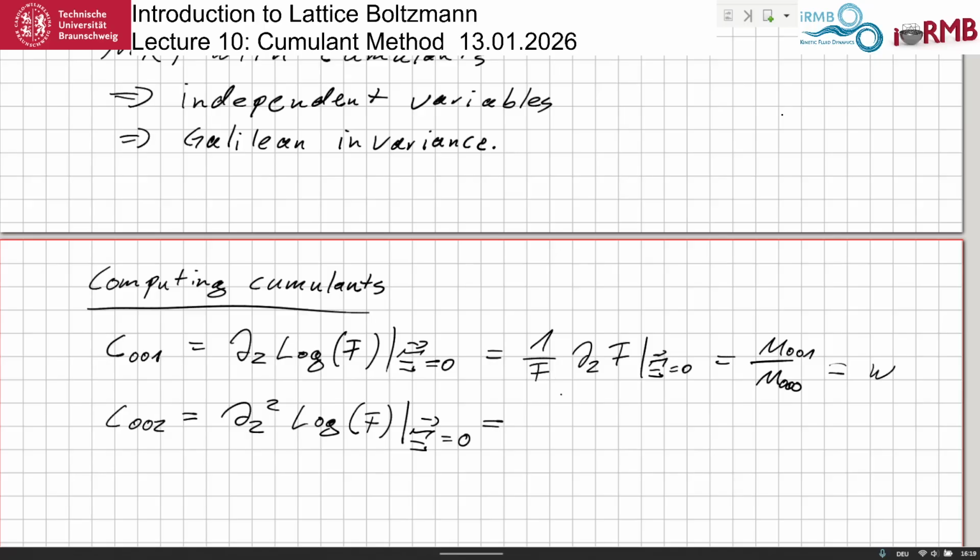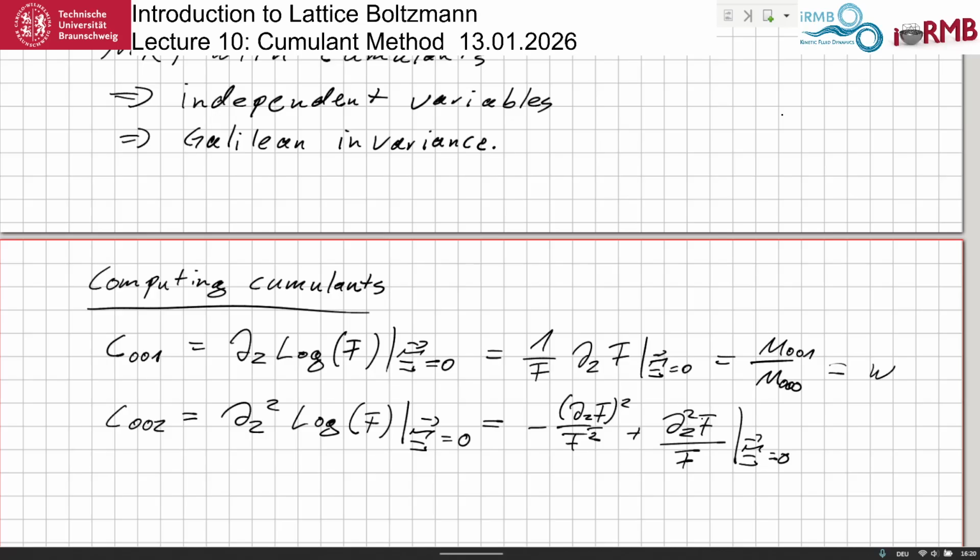In addition to the chain rule, we now get the product rule, and this becomes minus f squared down here and the first derivative of f squared, plus the second derivative of f divided by f, again evaluated at xi equal to 0.